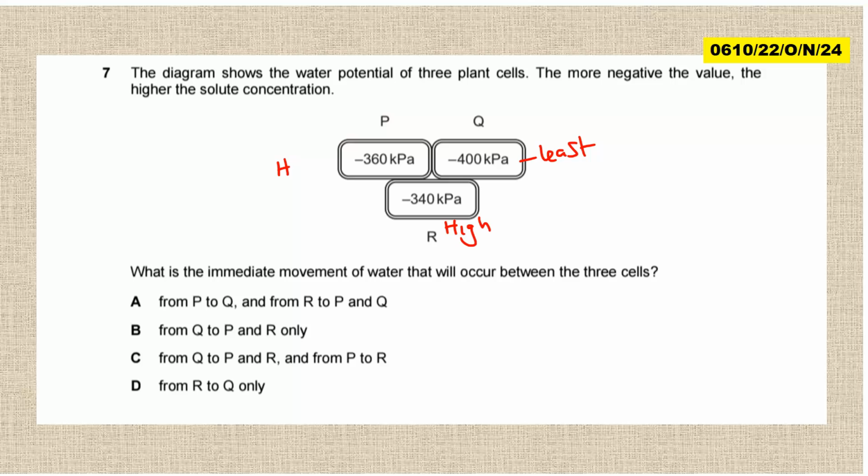Now, water can only move from P to Q or from R to P and then P to Q. So let us see. What is the immediate movement of water that will occur between the 3 cells? So P to Q, can P to Q happen? Yes. And from R to P, can R to P happen? Yes. And P to Q. So here the answer is A.